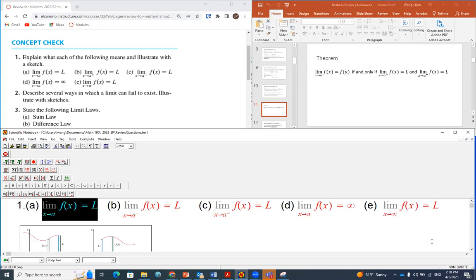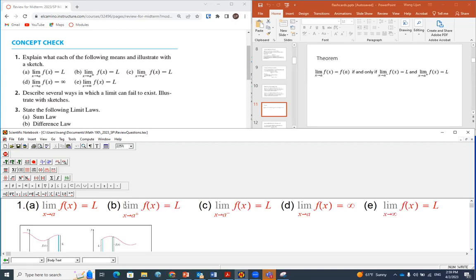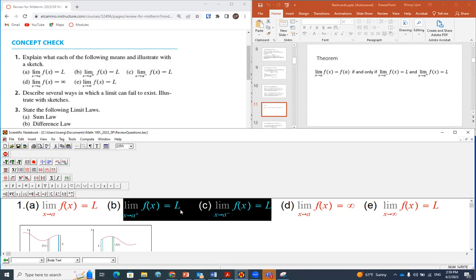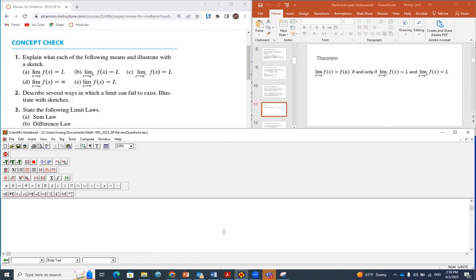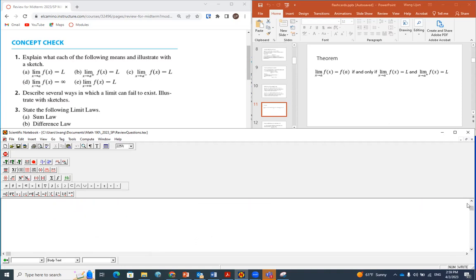if and only if, which is equivalent to say, if and only if the limit from the left and the limit from the right are both... Okay, so I'm just copy and paste these so I can quickly write down that statement, and we analyze.